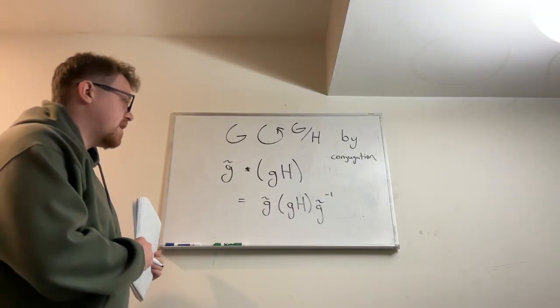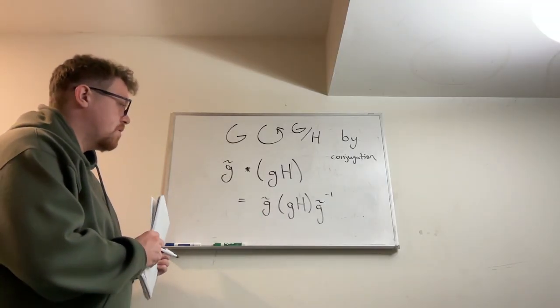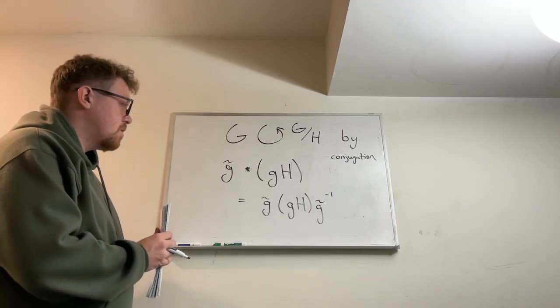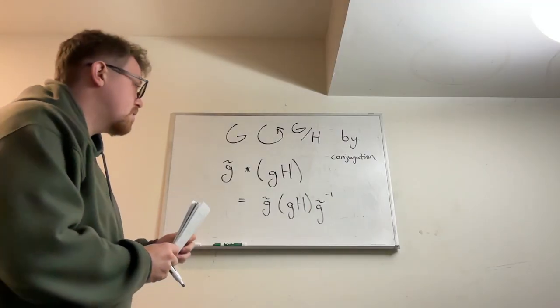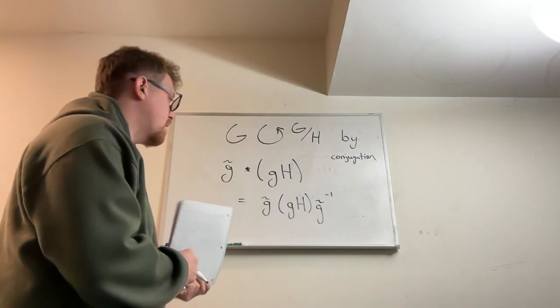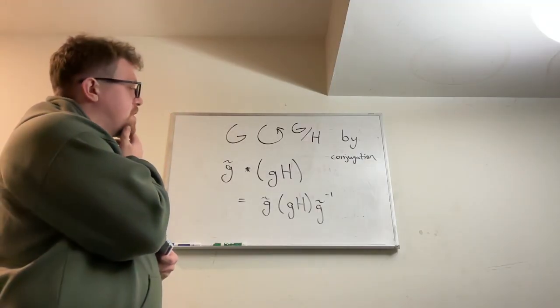So why is this a left coset? How can we rearrange this to show that it's a left coset of H?